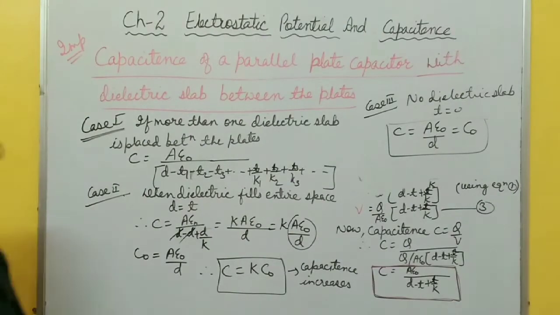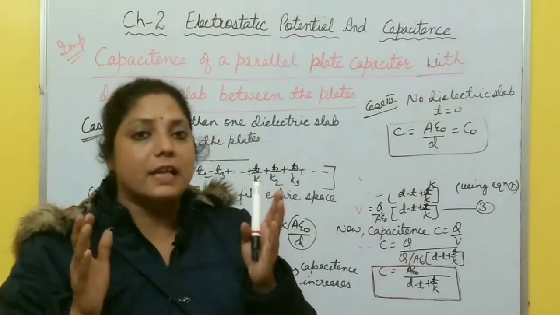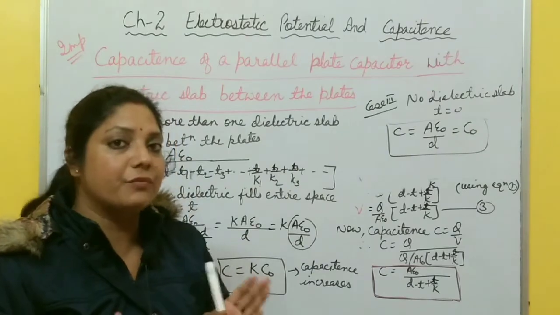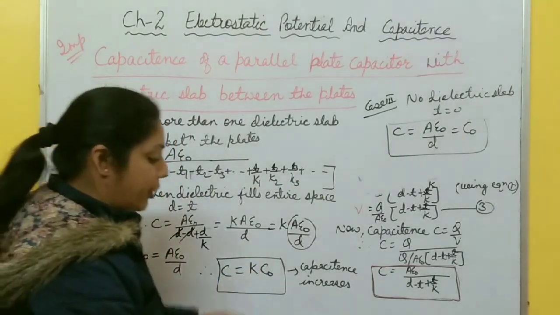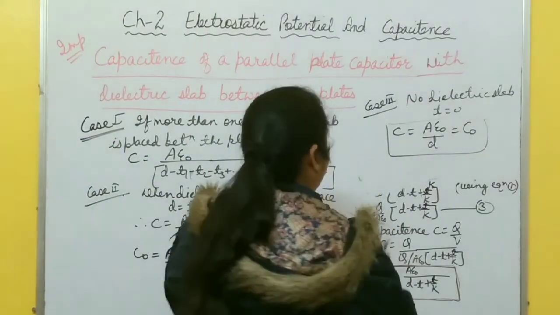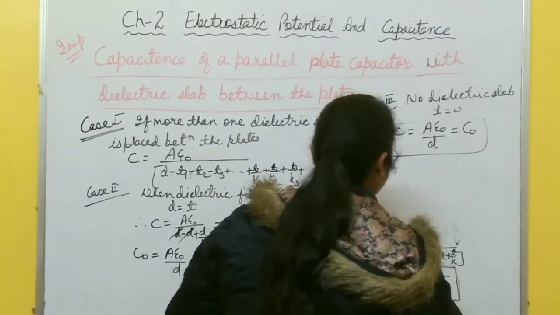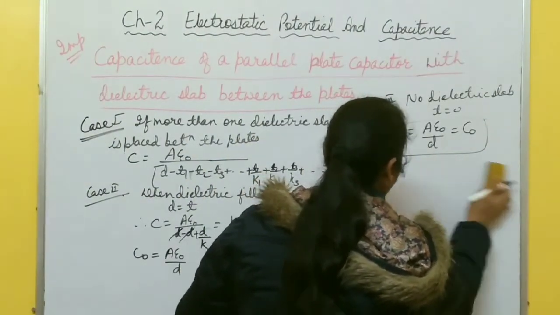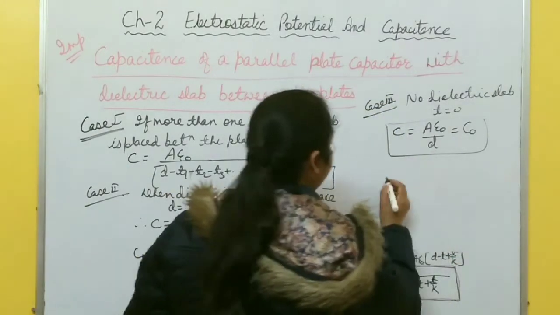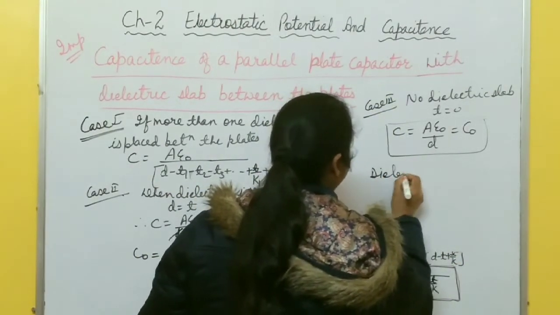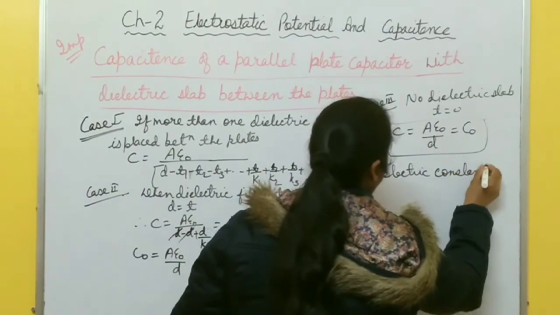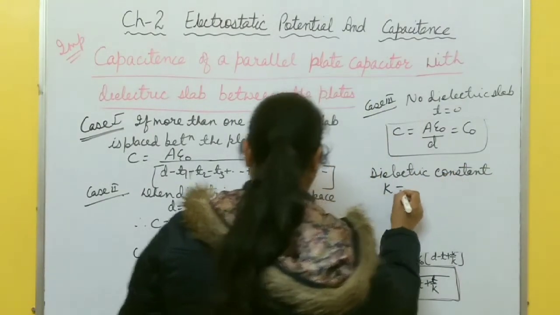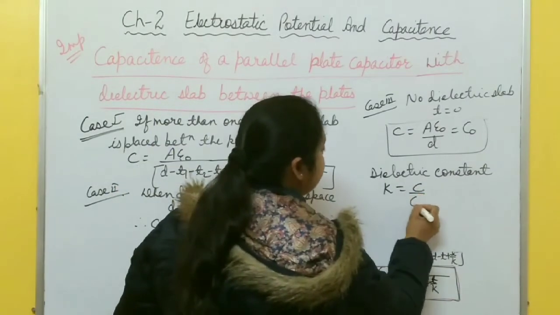You must remember one thing, that when a dielectric slab is introduced between the plates of a capacitor, capacitance increases by K times. From here, you can write the dielectric constant in terms of C. Dielectric constant K equal to C by C naught.